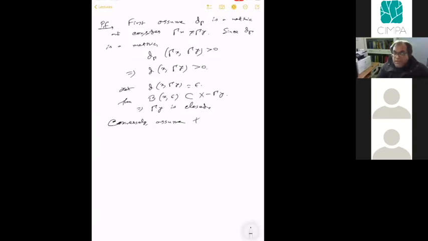Conversely, assume that each gamma orbit is closed.